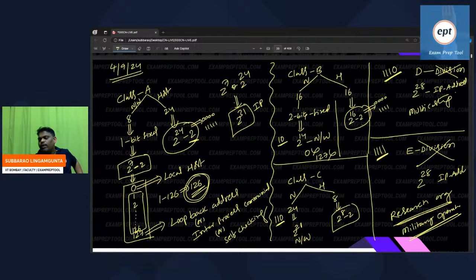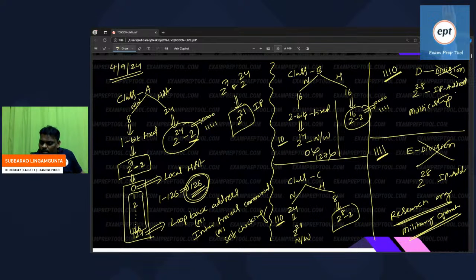Some security is required. In the military there are many IP addresses, and you cannot reveal those IP addresses to anyone. Please remember these lines also.